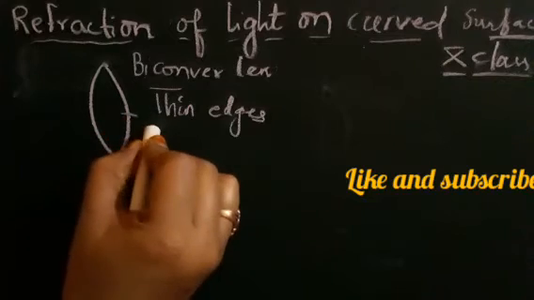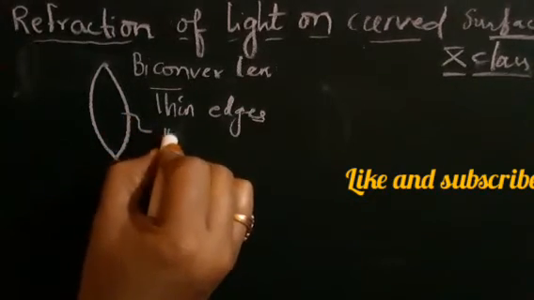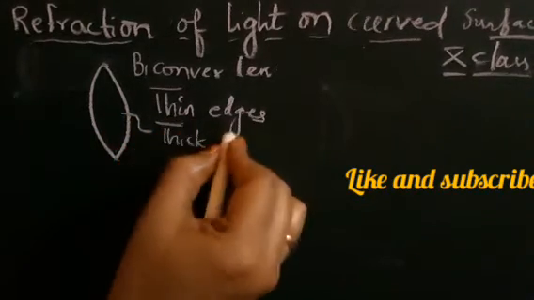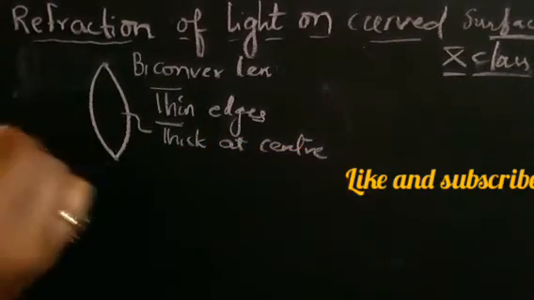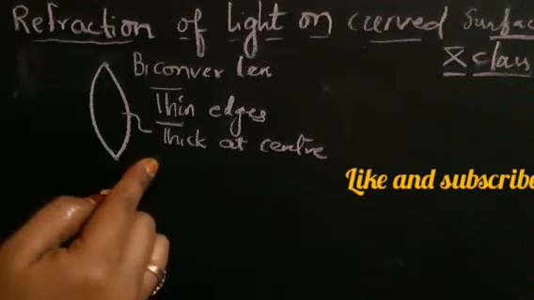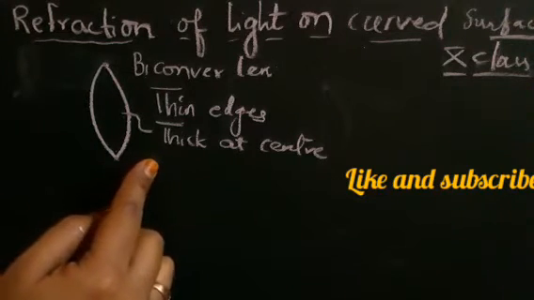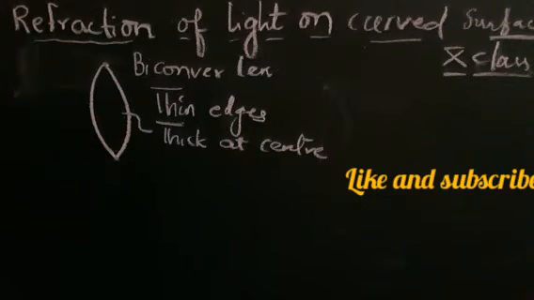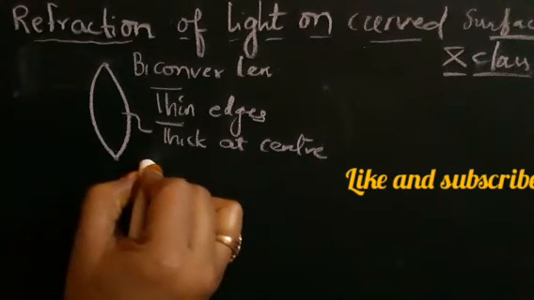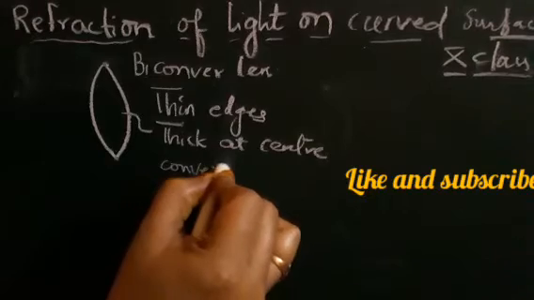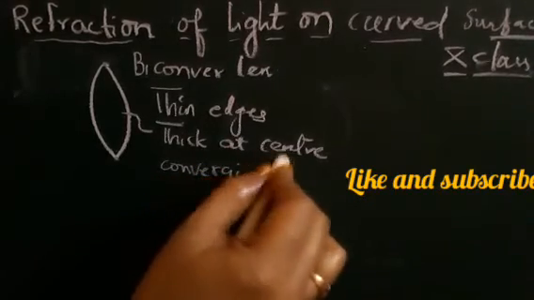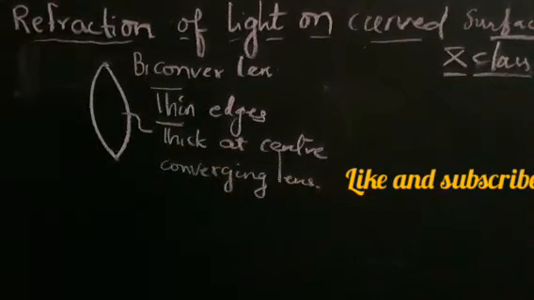It is very thick at the center. They are called converging lenses because they converge the rays.